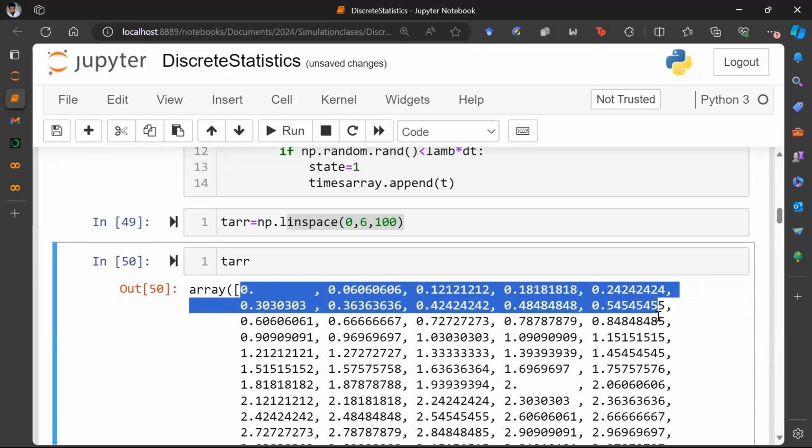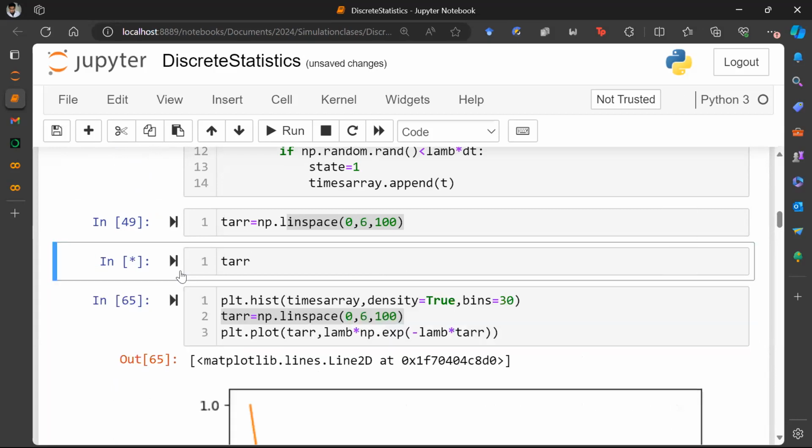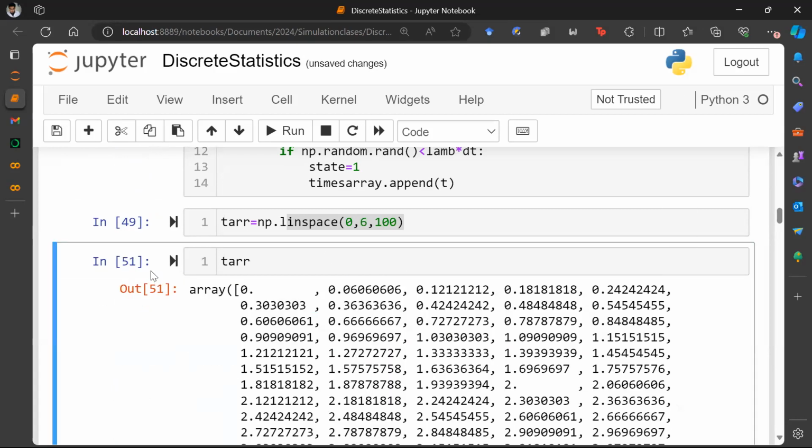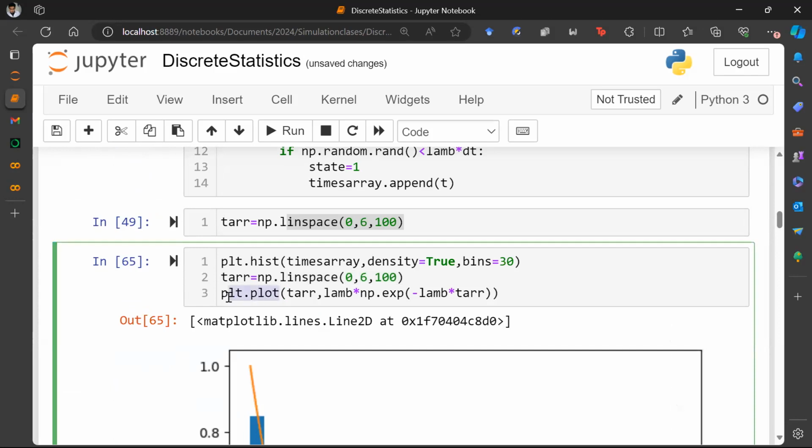So I can plot using matplotlib plt.plot tr, and my exponential distribution is lambda times exponential of minus lambda times tr.